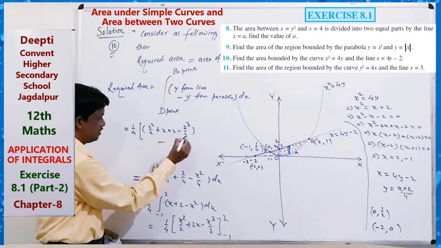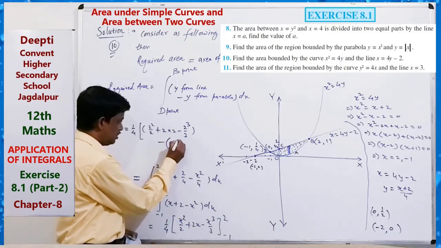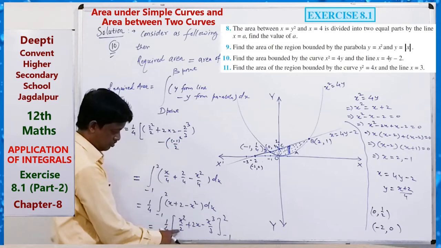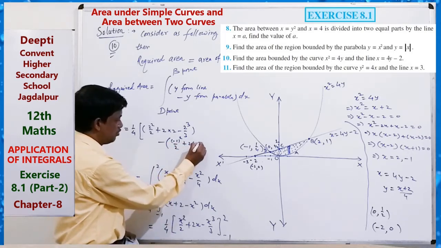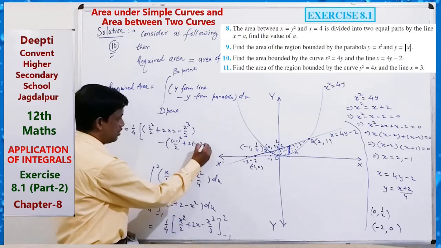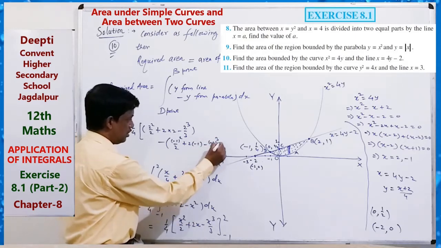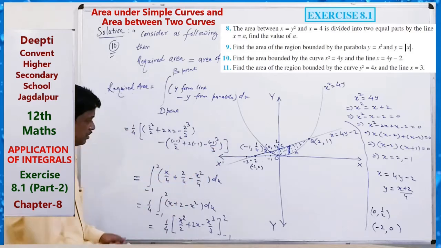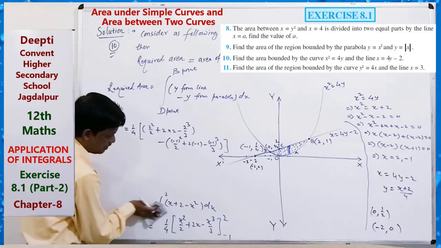This is the first value minus the second value, with minus 1: minus 1 square by 2, plus 2 into minus 1, minus (minus 1) power 3 by 3. Just solve it.